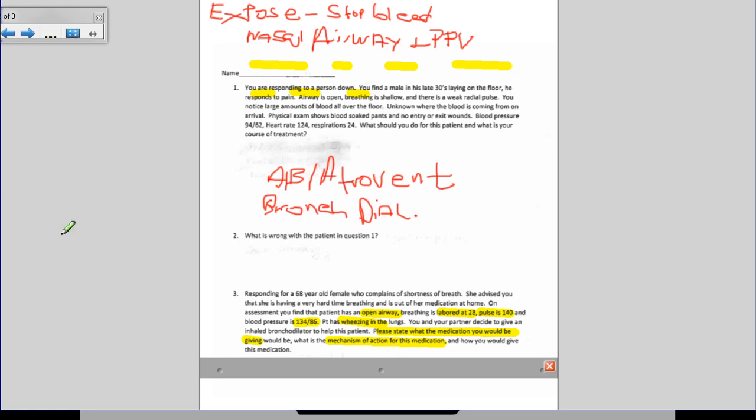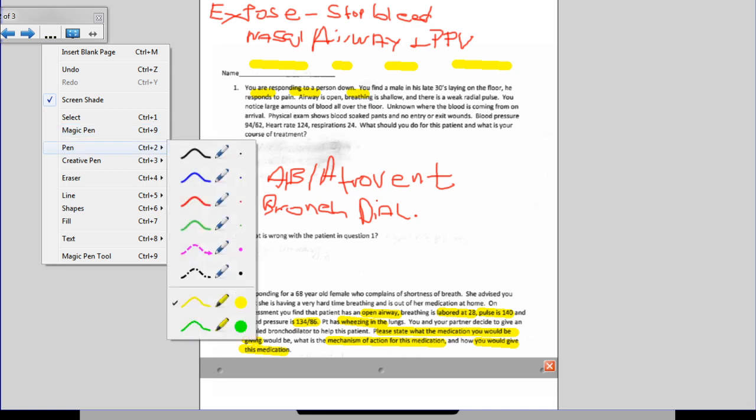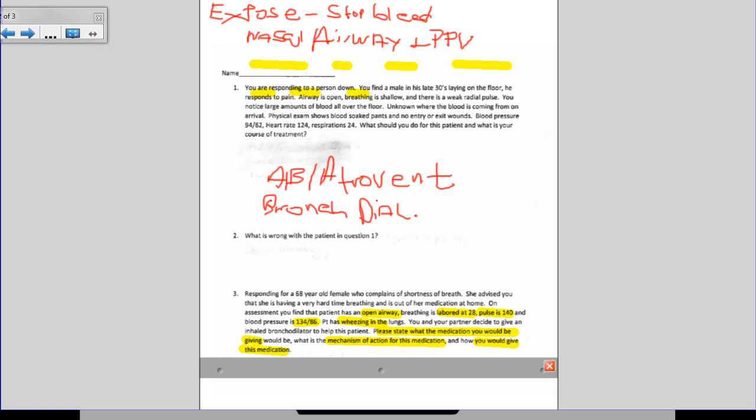And how would you give this medication? So it's a bronchodilator, and we're going to give this by nebulizing it with oxygen, and we're going to nebulize that between 5 to 8 liters per minute.